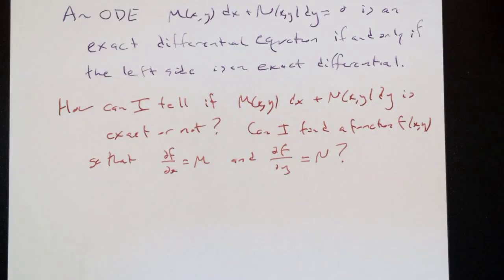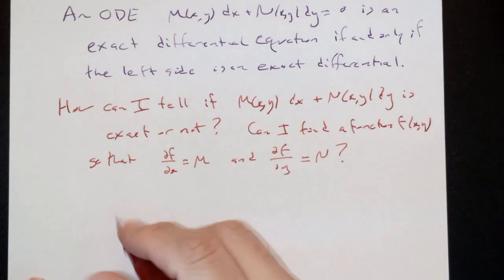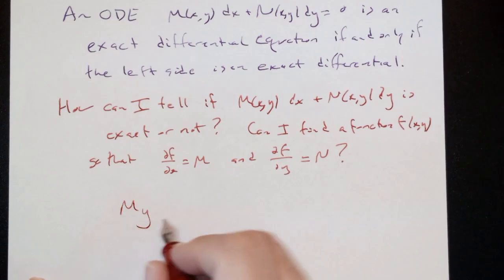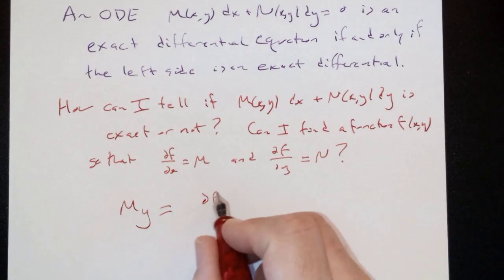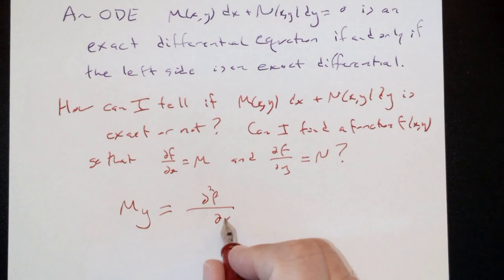I need to look. Let's suppose we had this. If m is the partial derivative of f with respect to x, then what is the partial of m with respect to y? Well, by definition, that's the second derivative of f with respect to x first and y second.